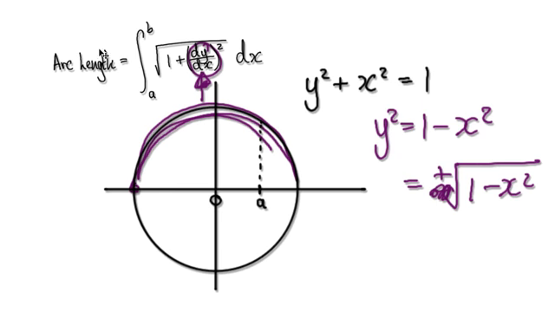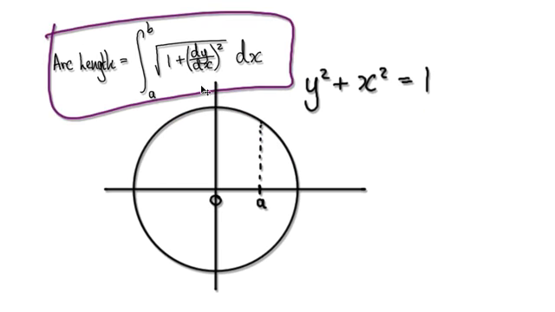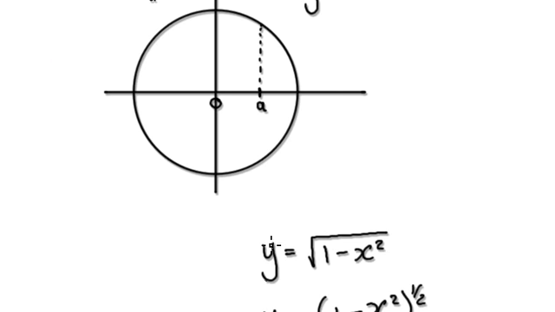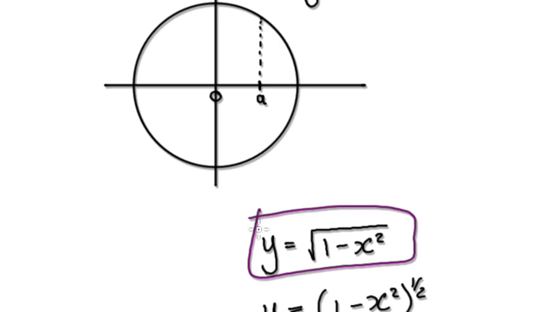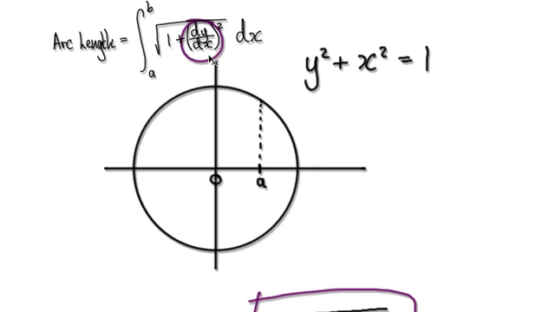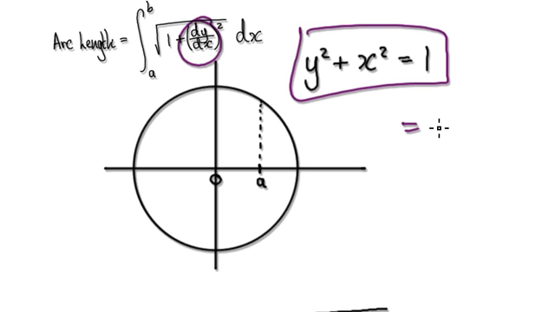So looking at the formula, to find the arc length, we need to know dy by dx. So y equals this thing here. Now differentiate it. So starting from here, rearrange it so it becomes this, and then square root it.